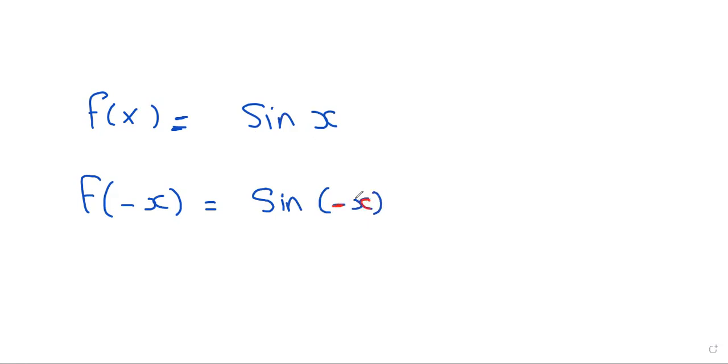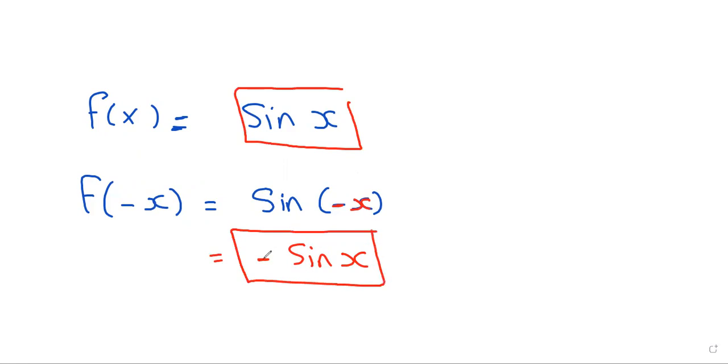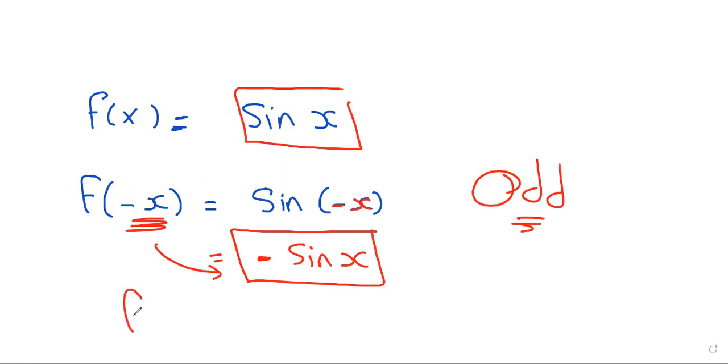Sine doesn't cancel the negative, so it will be negative sine x. Yes, they are the same, but the difference is the sign written in front of sine x. So this function 100% is an odd function, because f of negative x equals negative f of x.